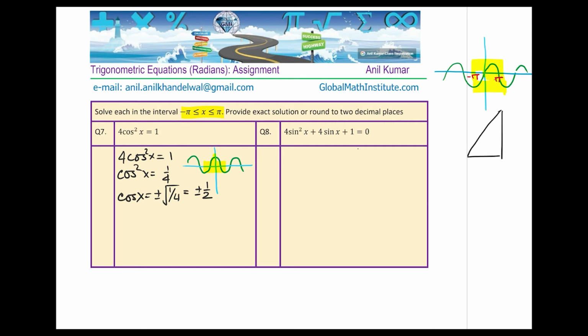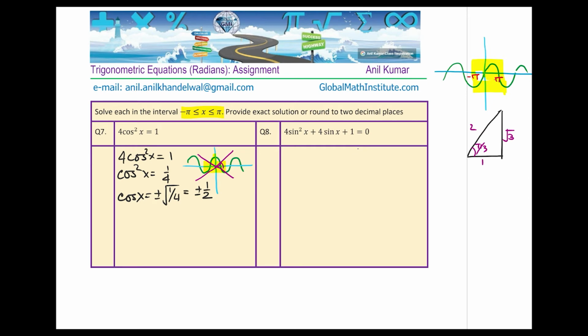We can use pi by 3, 1, 2, square root 3, and we know that the related acute angle is pi by 3, correct? So we have one solution here, which is related acute angle of pi by 3. The other solution, it is actually plus and minus, so we're looking for all four solutions.